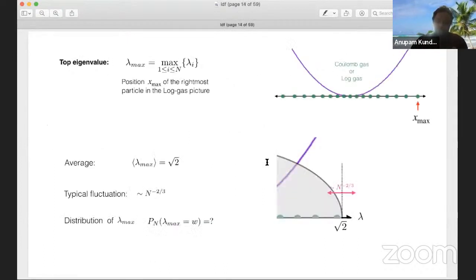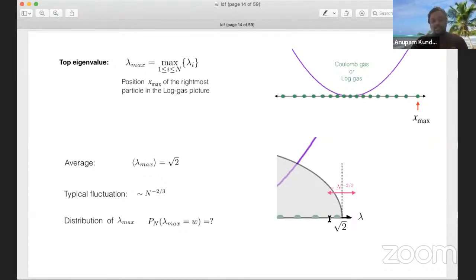Very good. But remember, we are interested in the largest of these eigenvalues, which in the log gas picture is the position of the rightmost particle. Of course, on average, this particle will sit at the edge of the density, and it will fluctuate around this edge. It turns out that this fluctuation is very small, of order N to the minus 2/3, and these are the typical fluctuations.